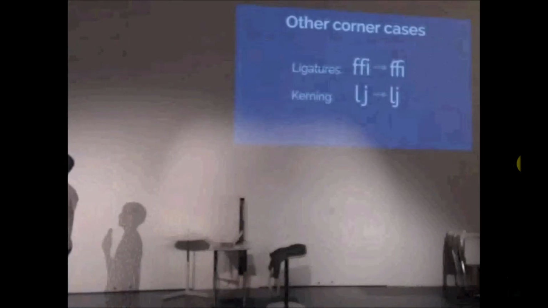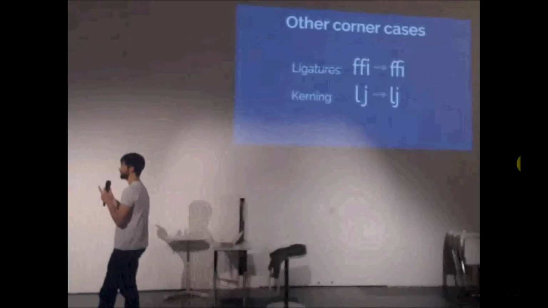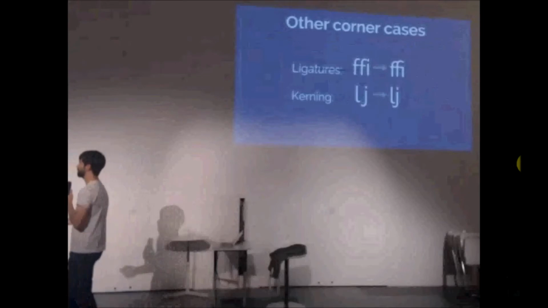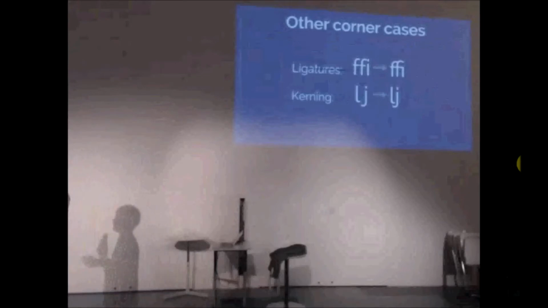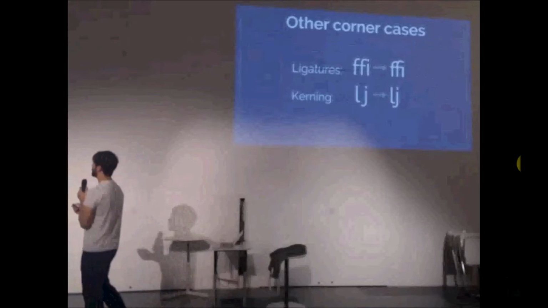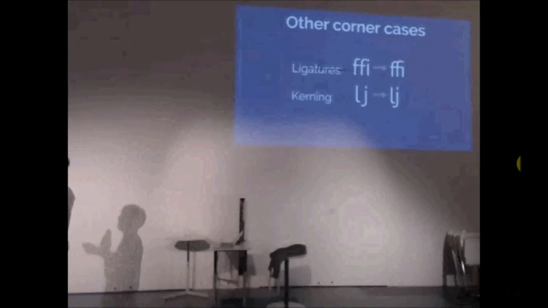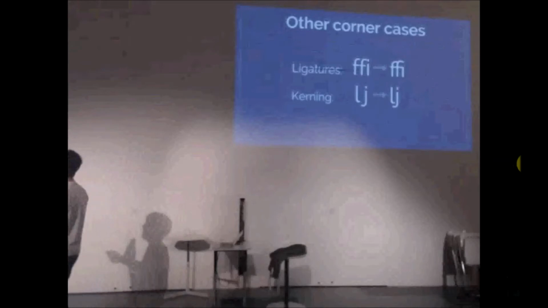And there are other corner cases that are not just about zooming, not just about the pixel snapping and the characters, but for example, in Flash, your FFI will look like this, because Flash doesn't render ligatures. And other places that can read the font file and interpret the rules correctly will render FFI as one glyph tied together.